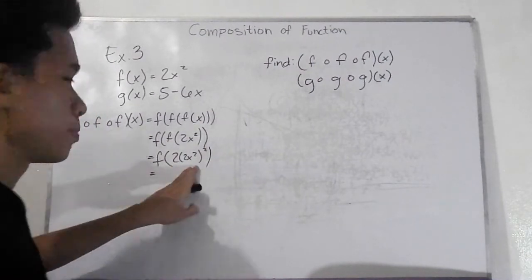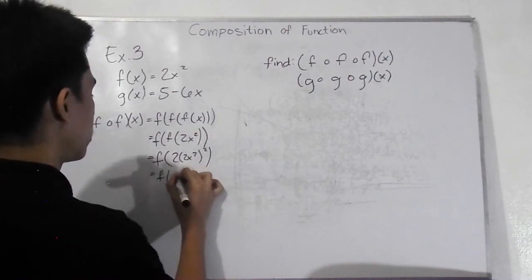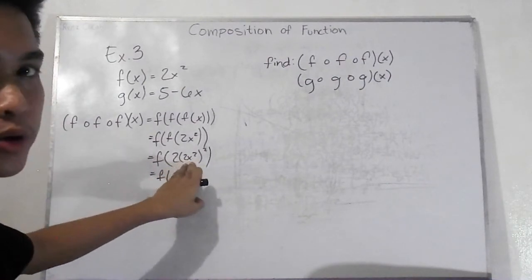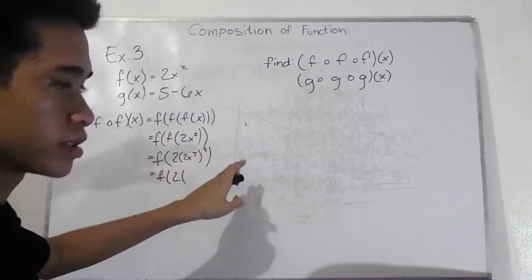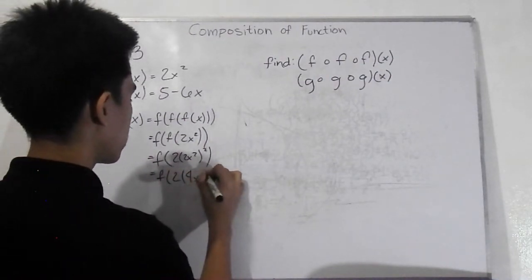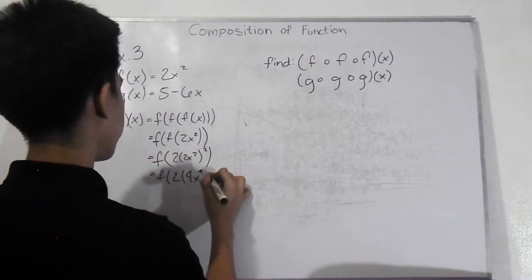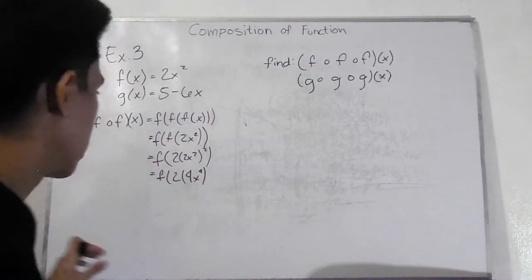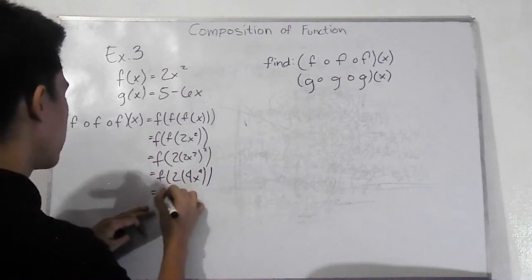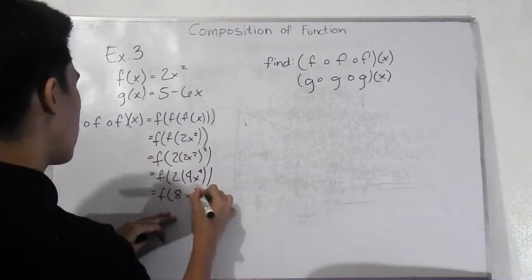So simplify. 2x squared squared will be now 4x to the power of 4. So simplify it again. We will now have 8x to the power of 4.